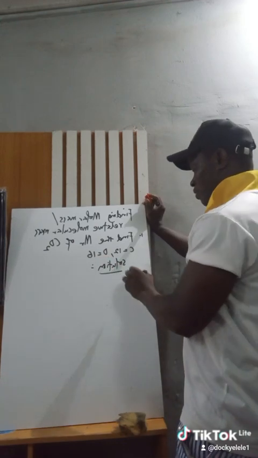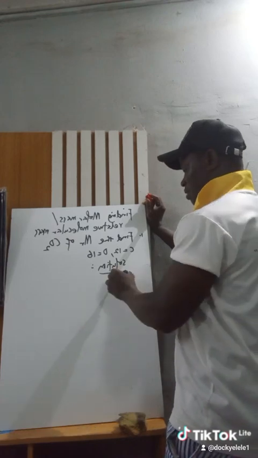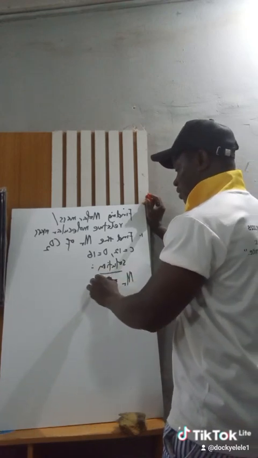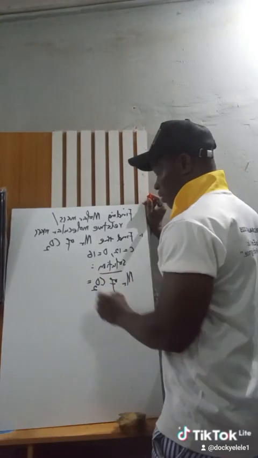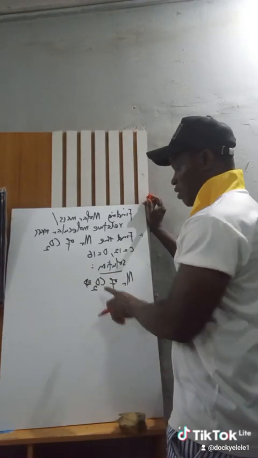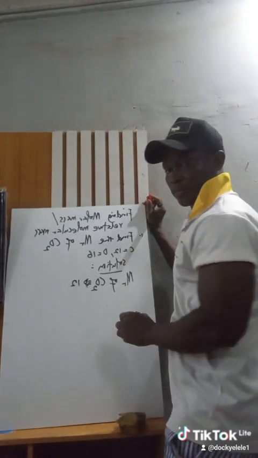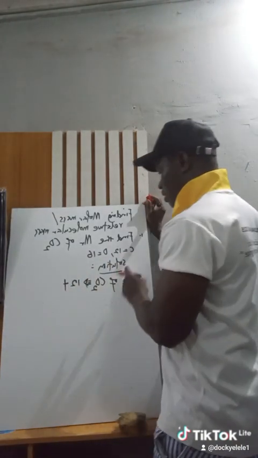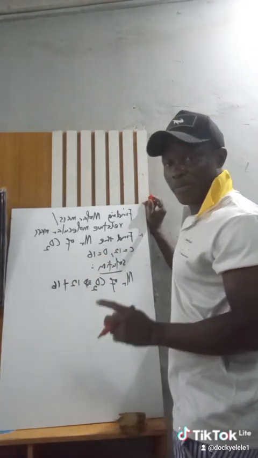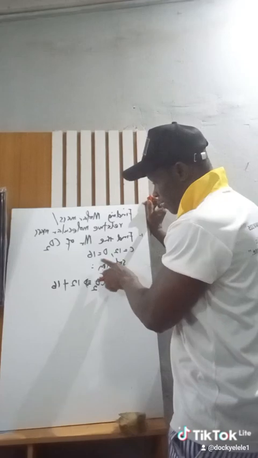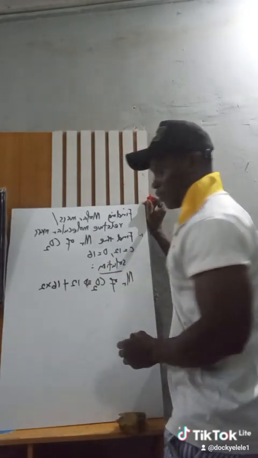MR, the relative molecular mass of carbon dioxide, is the sum of all the relative atomic masses. What is carbon? Carbon is 12, plus oxygen, which is 16. But remember that you are given 2 oxygens, so multiply that by 2.